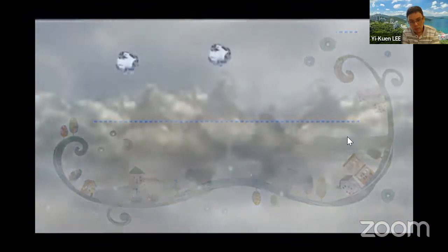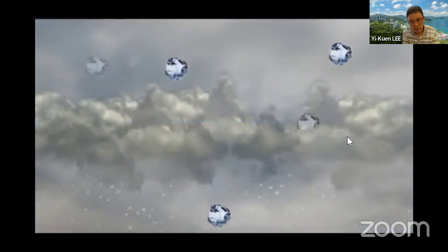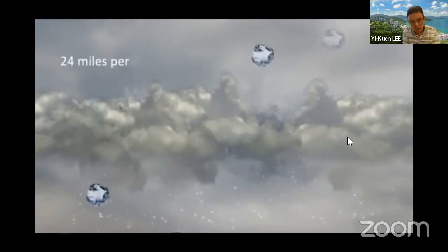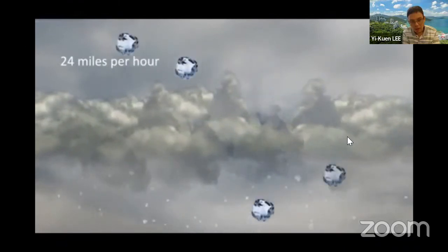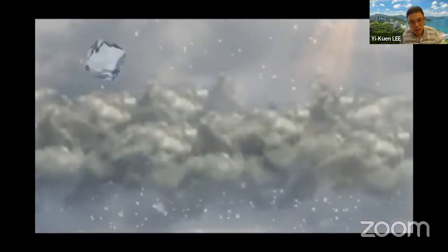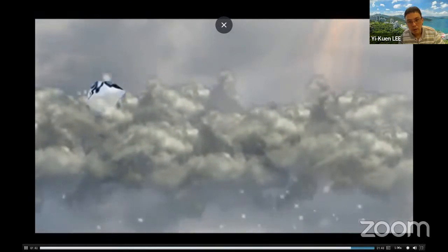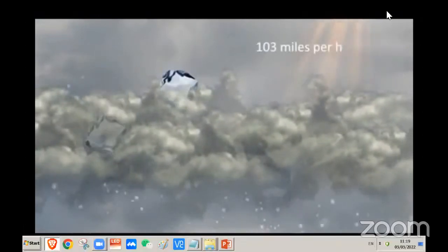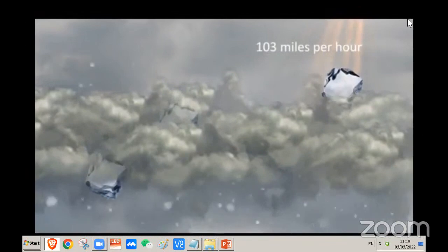Small hail does not take strong updrafts to be formed. For example, pea-sized hail can form with updrafts of only 24 miles per hour. Very large hailstones require much stronger winds. Softball-size hail would need an updraft of 103 miles per hour.